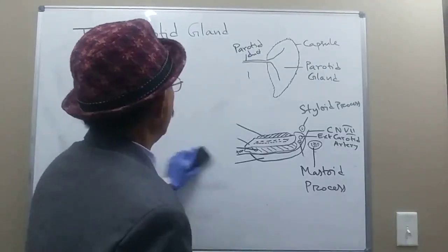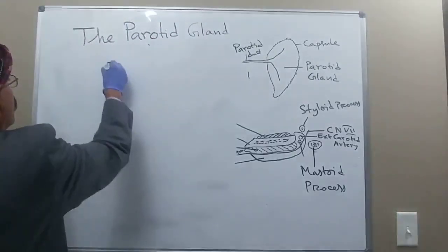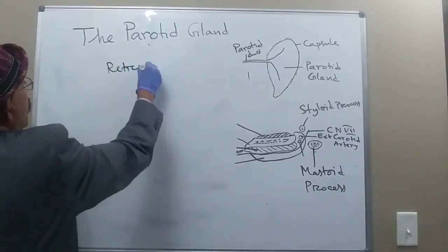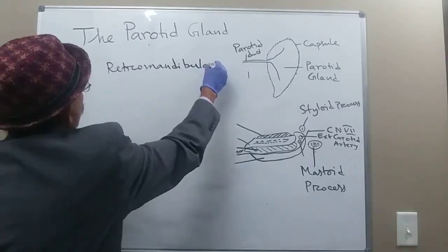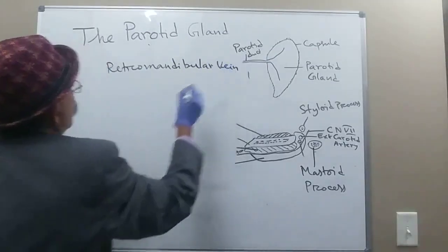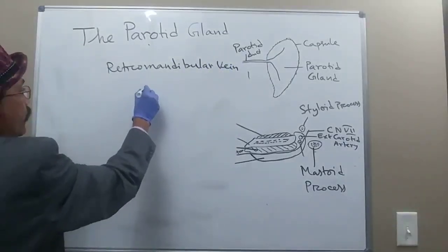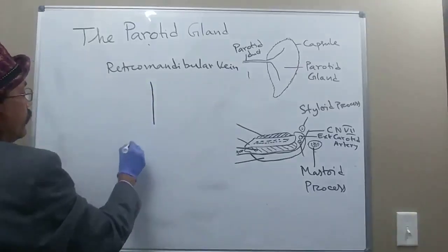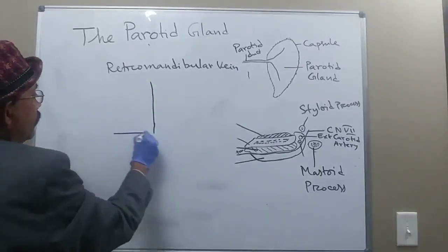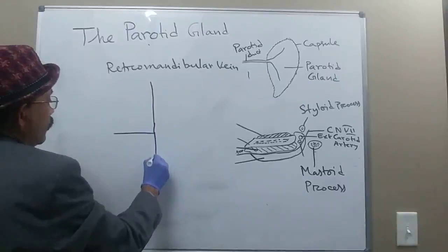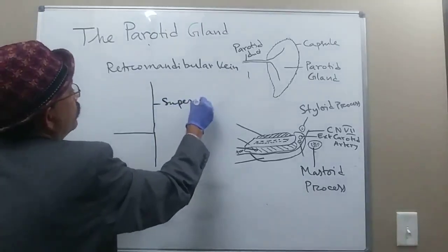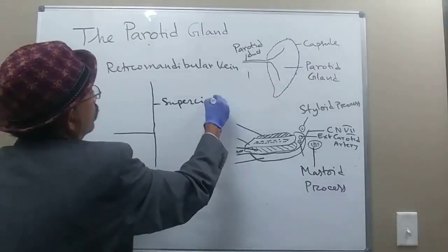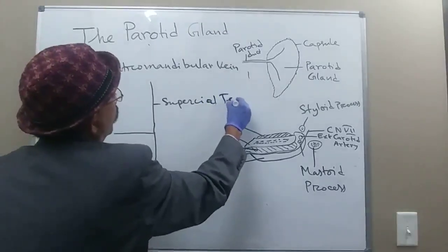Now we go to the retromandibular vein. It is formed by the union of the superficial temporal vein and the maxillary vein. This is the retromandibular vein. This is the superficial temporal vein.